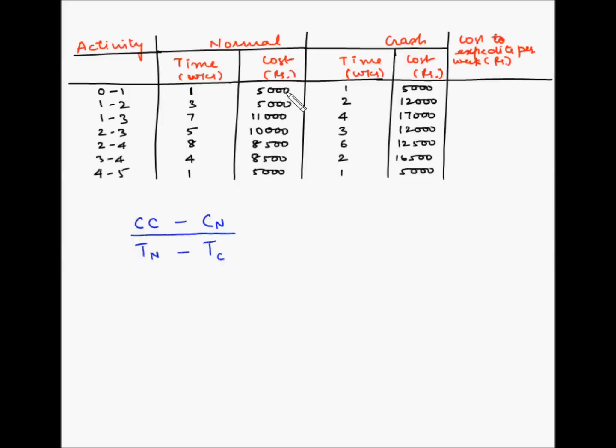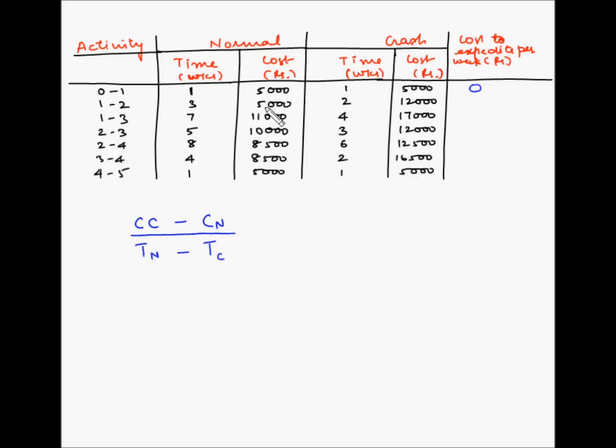So for the first activity, the crash cost is the same as the normal cost. So the cost to expedite per week is 0, or in true sense there is no crashing here at all, because the crash time is the same as the normal time.